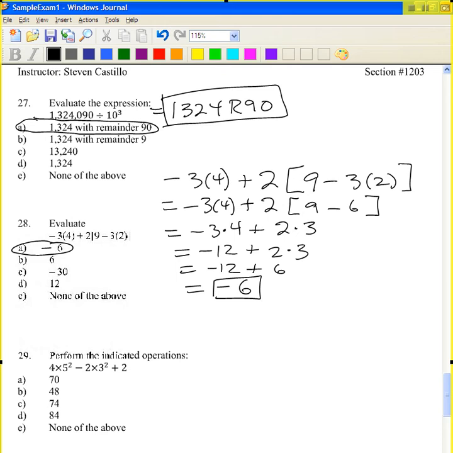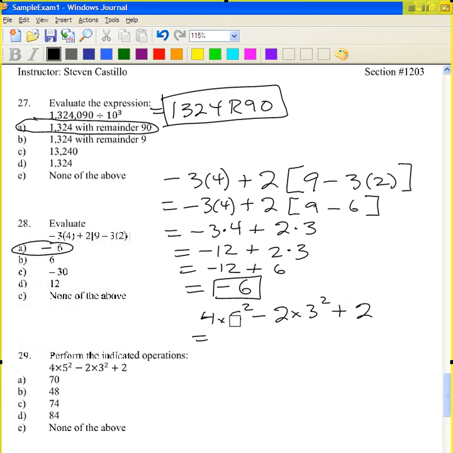Let me do problem 29. Another one of these. Order of operations. So 4 times 5 squared minus 2 times 3 squared plus 2. And so I have addition, exponentiation, subtraction, multiplication, exponentiation, addition. So I do the exponentiations first.